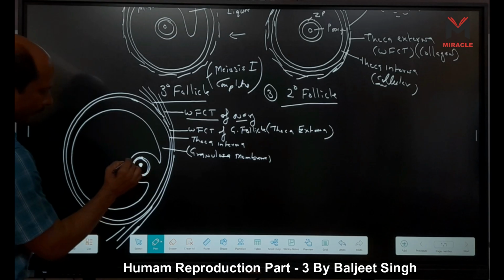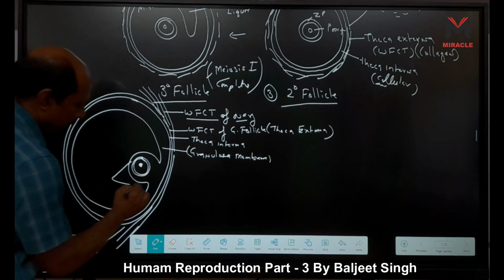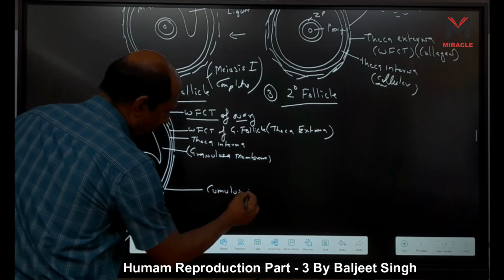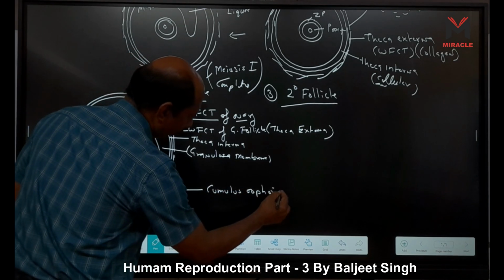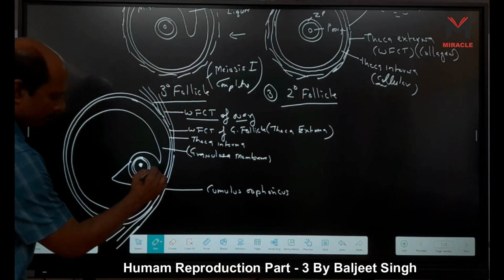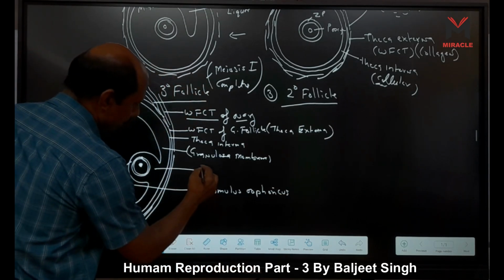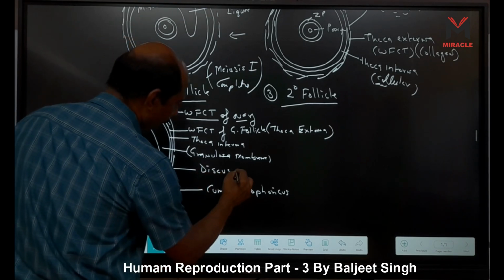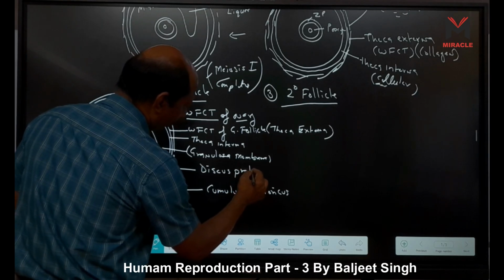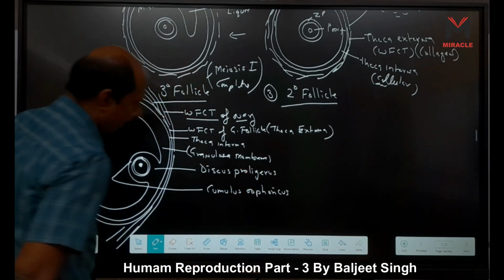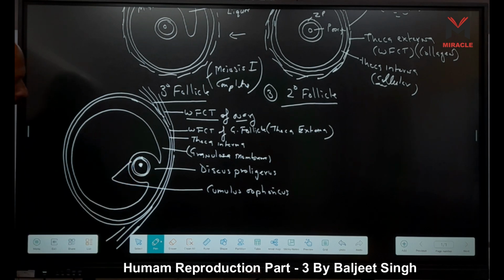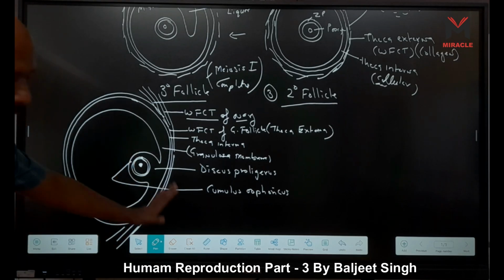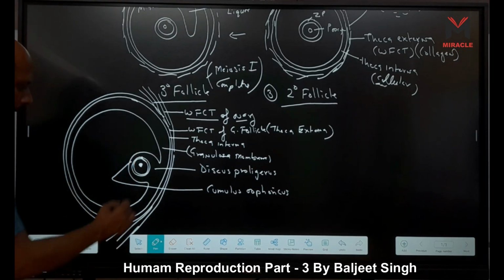On this side, these cells are called cumulus oophoricus, and on the base side this is called discus proligerus. Some cells of the cumulus oophoricus form the corona radiata after ovulation.